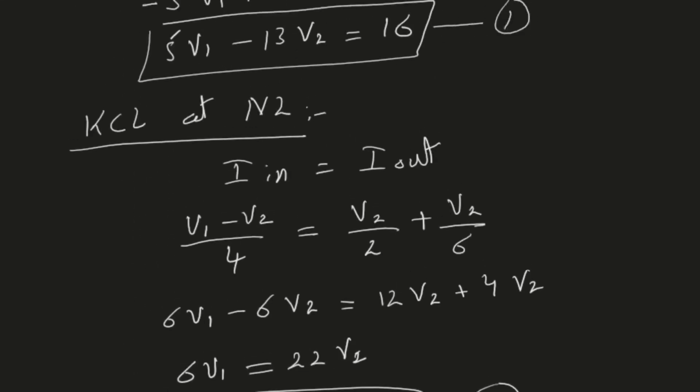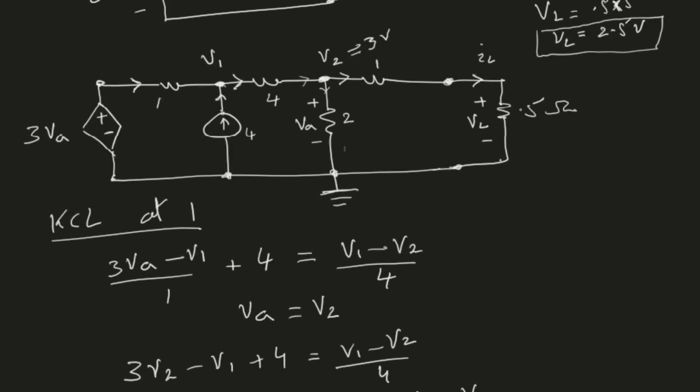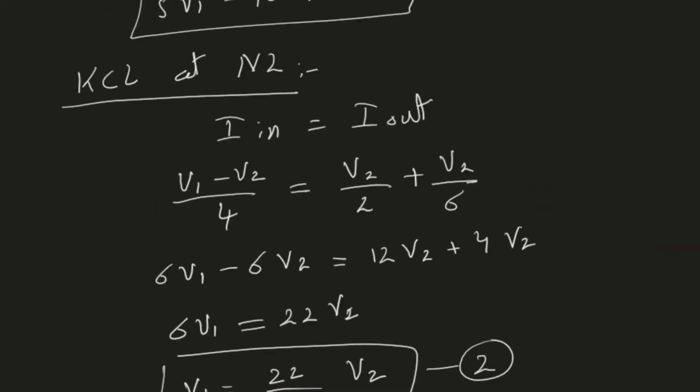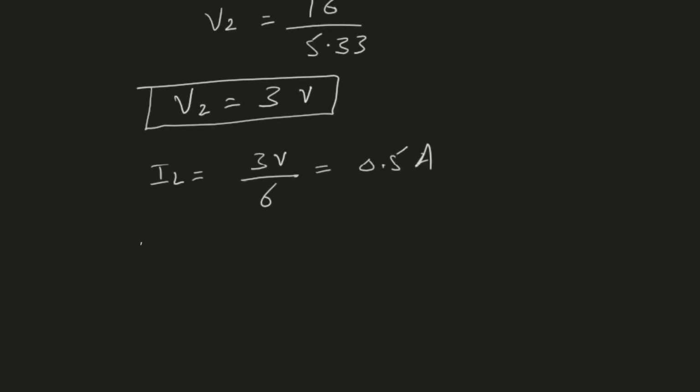This current, IL, is flowing in the load resistor, 5 ohm. When this current flows in a 5 ohm resistor, it will produce a voltage drop of VL. So VL, the load voltage, would be IL times the 5 ohm resistance, which is 0.5 times 5, which is 2.5 volts.